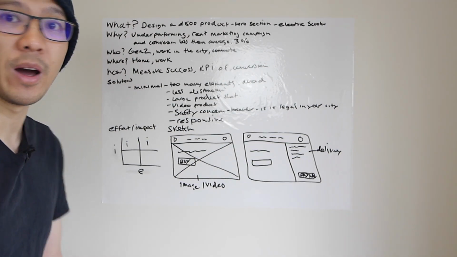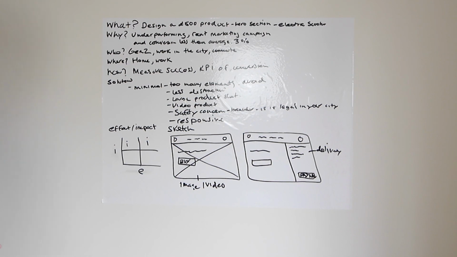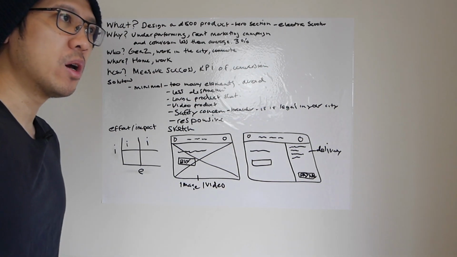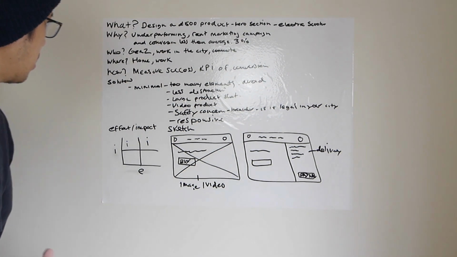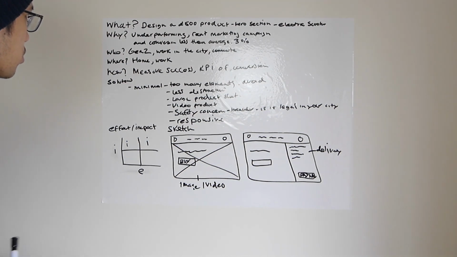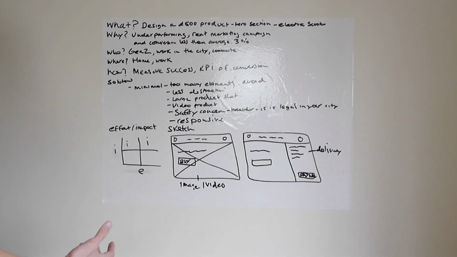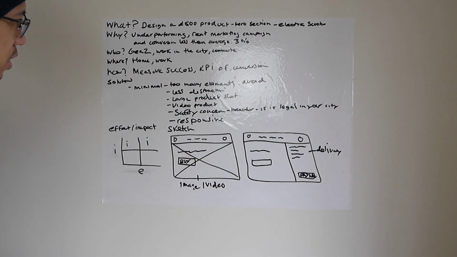Well, we'll find out. So solutions, what we did is, again, we're thinking of something minimal because Gen Z, or everyone nowadays, can get very easily distracted. So again, we want to keep the hero section minimal, not too many elements, less distractions. We have a large product shot. We have a video product possibly. There's also safety concerns.